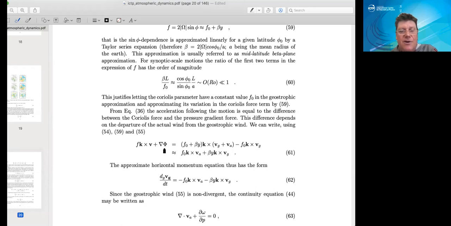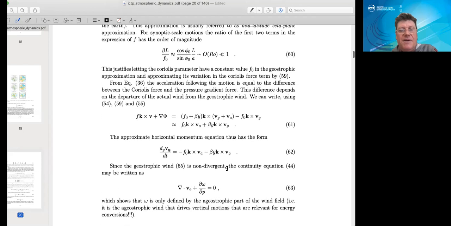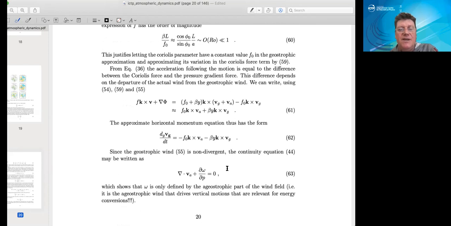So the main term for the acceleration of our geostrophic wind is determined by the competition of these two terms. And the interpretation will become very intuitive later on. Okay, so with this, our approximation of the horizontal momentum equation looks like this.